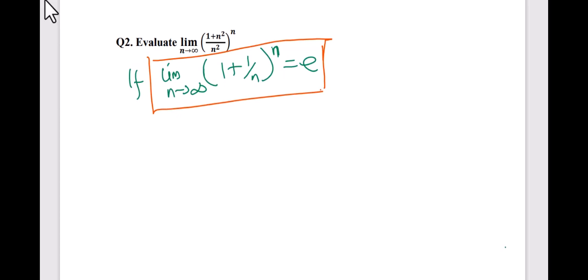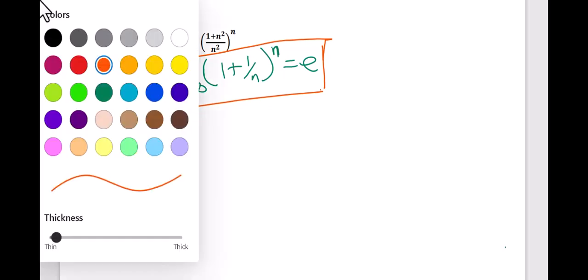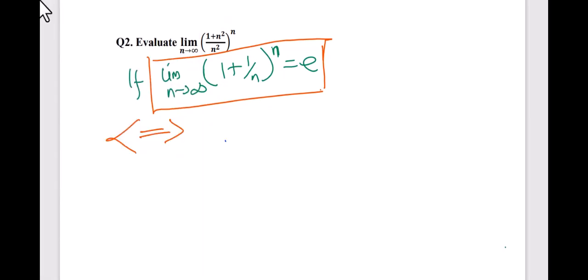Not only that, with this assumption we can write the equivalent of it. We know that we can let y equal 1 over n. Now as n goes to infinity, y will go to 0.